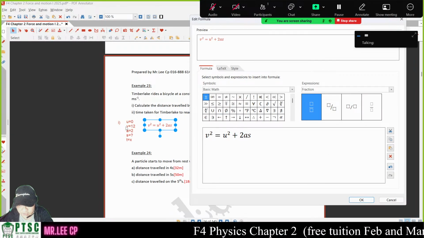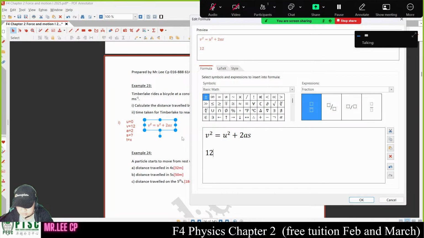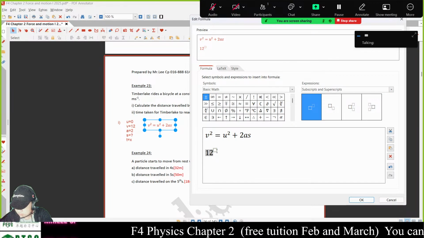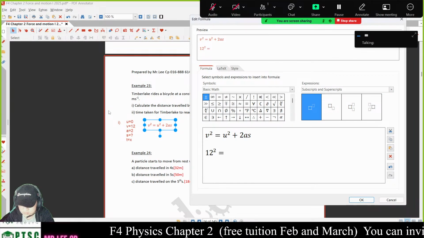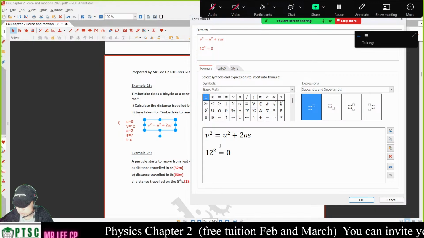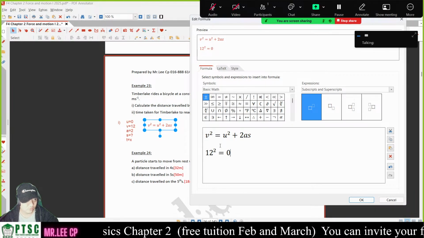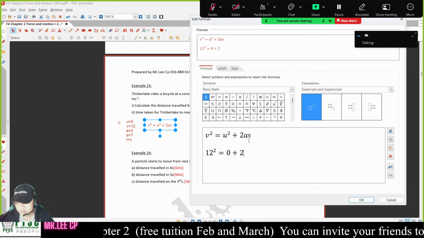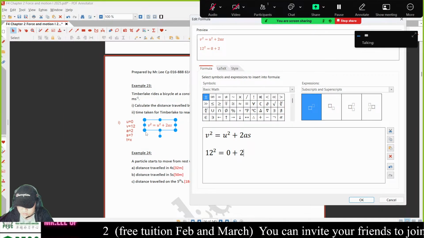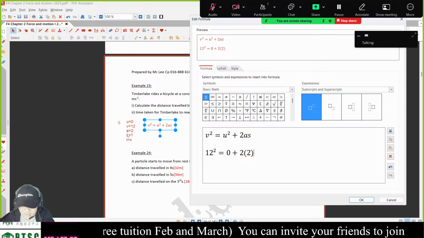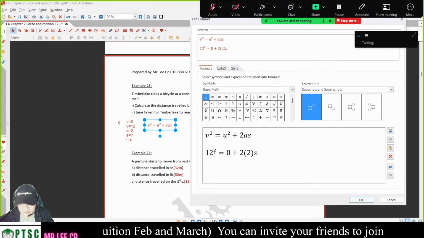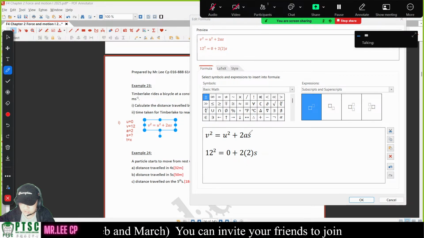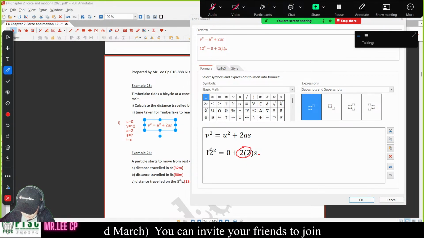V, 12 squared, is equal to U squared. U, 0 squared is 0. You don't need to put squared. If you want to put squared, then put it, but we know 0 squared is 0. No need, don't waste your time. 2AS, A is 2, S I don't know, so I put it as S. So this is 4S. 4S is equal to 12 squared.